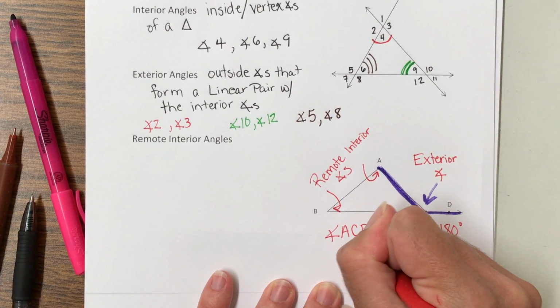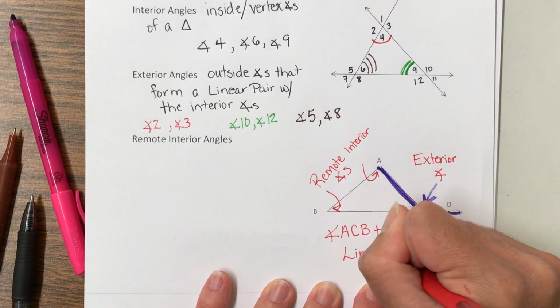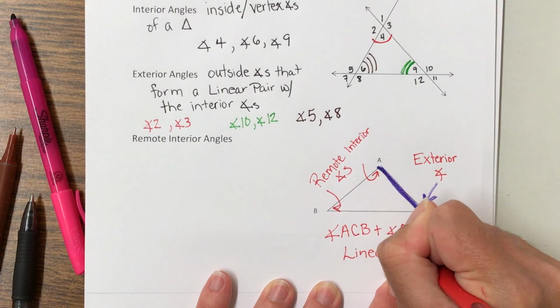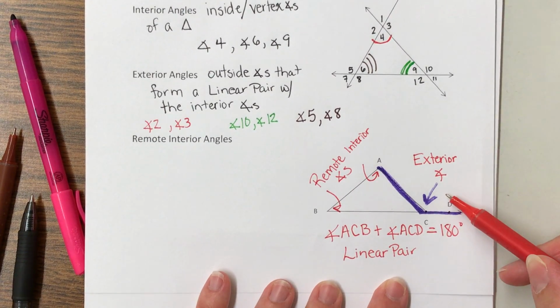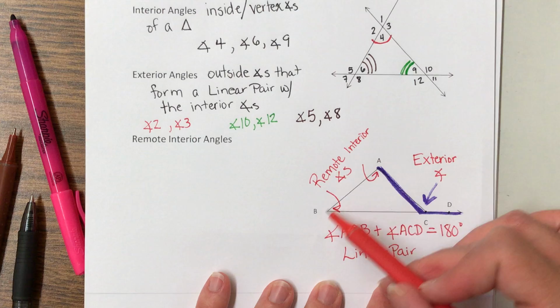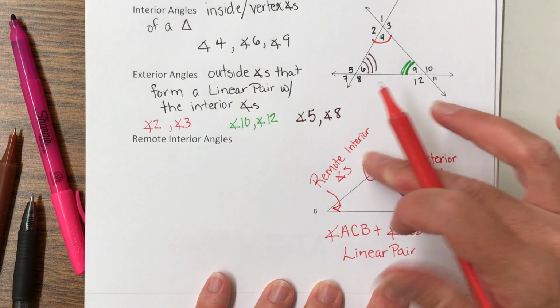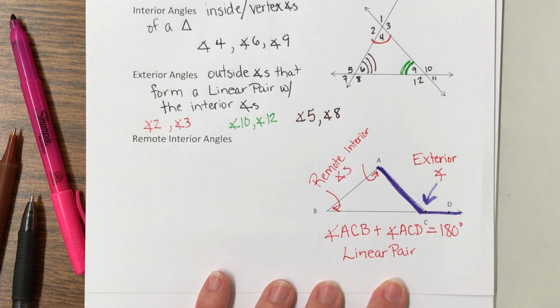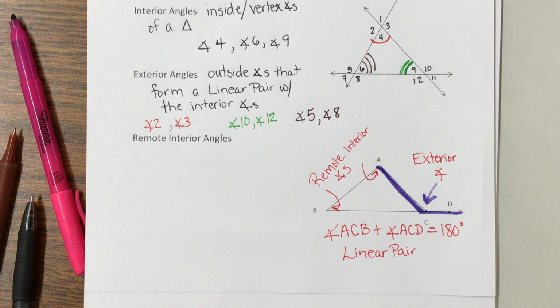So notice in this picture how we have a linear pair, which creates that exterior angle, and your remote interior angles are the angles that are not touching the exterior angle. So that is your vocabulary for your remote interior angles. So now we're going to use this vocabulary to learn about your triangle angle relationships.